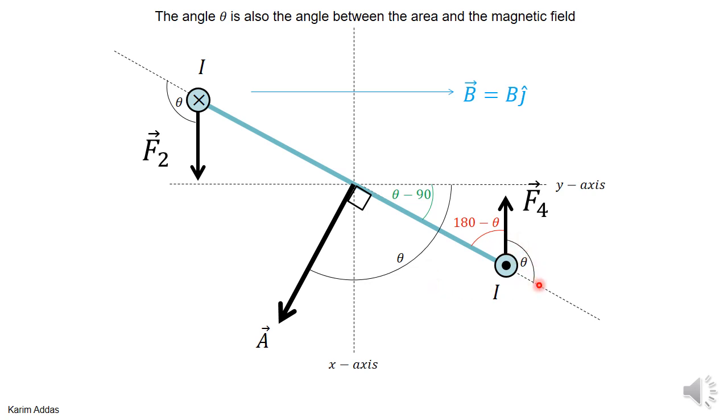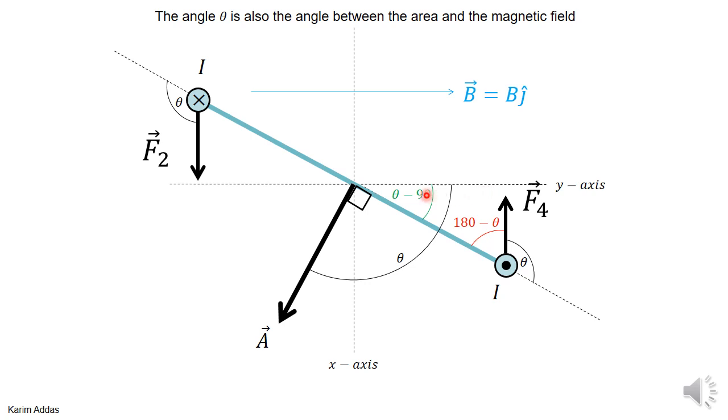So if this angle is theta, then this is 180 minus theta. And this is 90 degrees. That means this angle is theta minus 90 degrees, because when you add this angle plus 90 degrees, you should get 180.